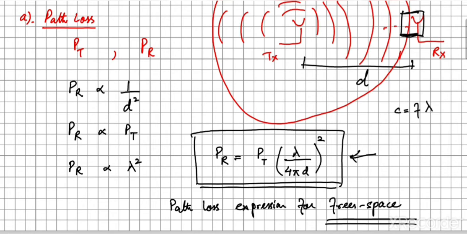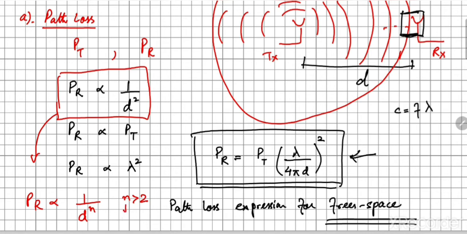The main thing that changes is that the received power is no longer inversely proportional to the square of the distance, but becomes proportional to 1 divided by d raised to the power of n, where n is greater than 2. n is referred to as the path loss exponent.